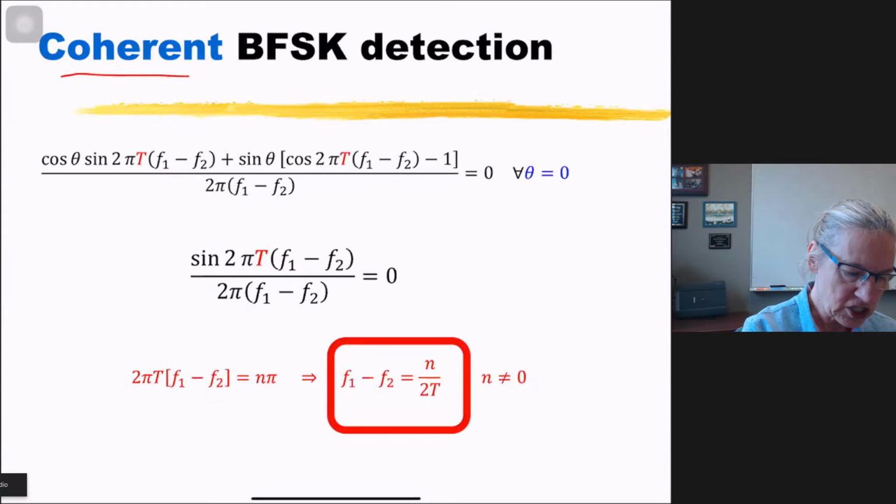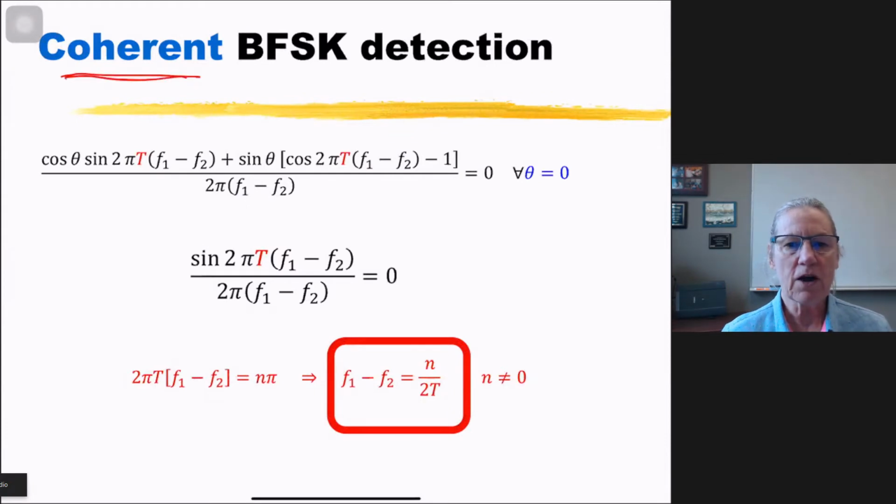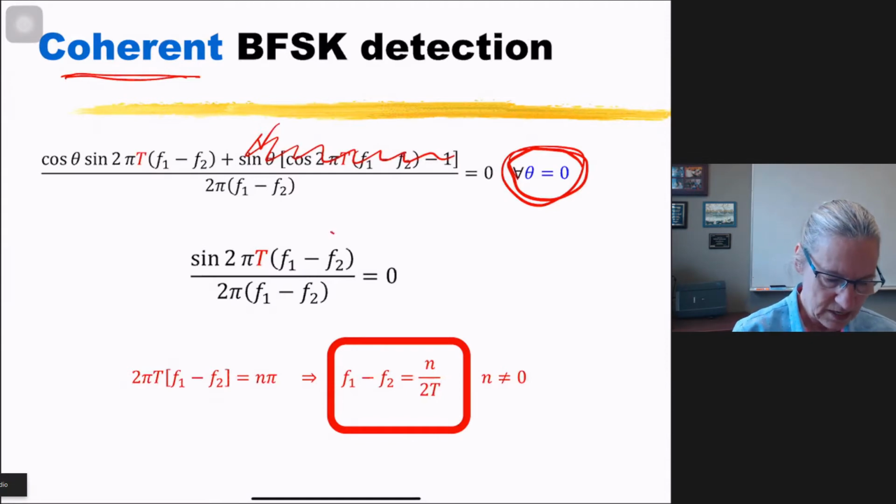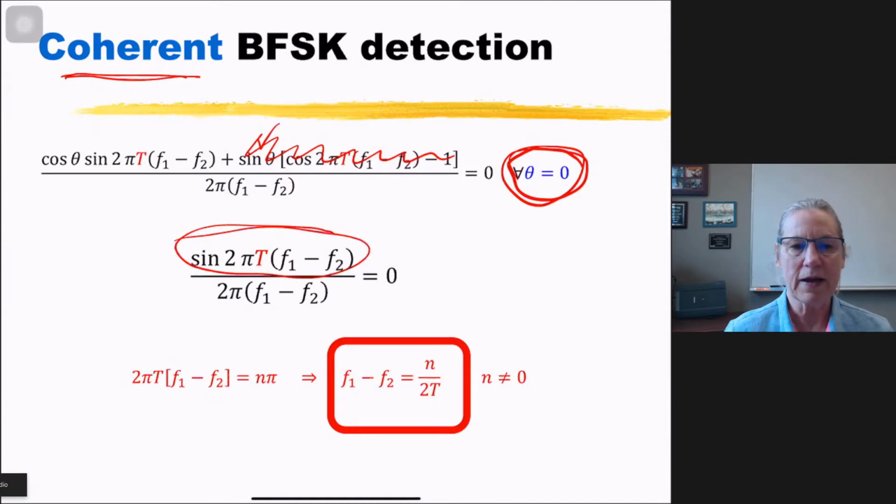Now suppose we change to the case of coherent. When we go to coherent, it doesn't have to be true for all theta, it only has to be true for theta equal to 0. For theta equal to 0, sine of 0 is going to be 0, so this term is going to go away. So we only have to worry about what multiplies the cosine and force that to be 0. So we want sine of 2 pi t times the difference in frequencies to be equal to 0, which means that we want that argument, 2 pi t times the difference in frequencies, to be equal to a multiple of pi.